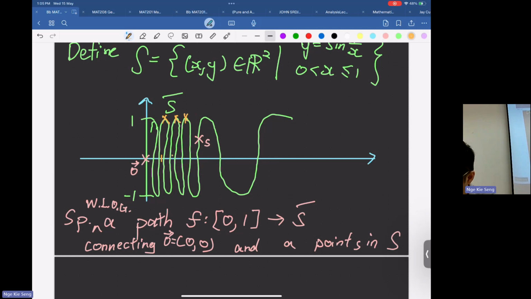It corresponds to some point at the bottom, and the bottom part corresponds to some purple point here. You can see that the purple points and the orange points all converge to 0, but f of the purple point is always -1, and f of the orange point is always 1.